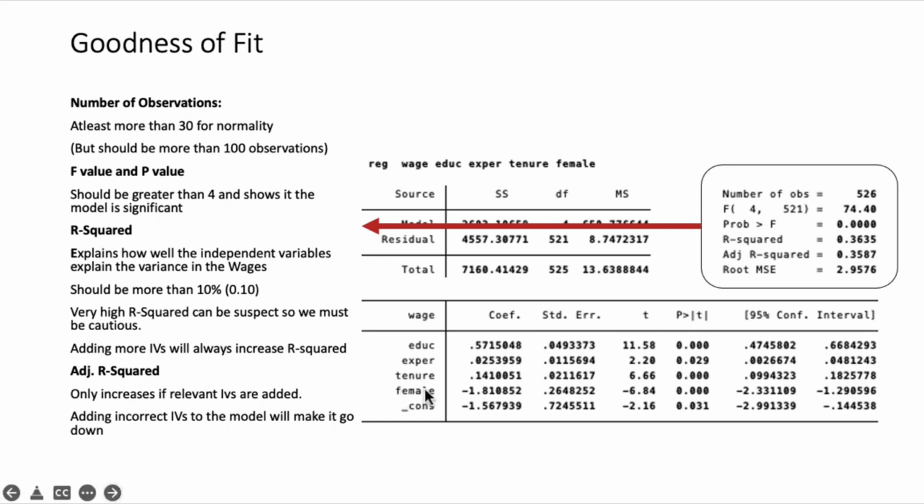Even if you keep on adding random variables as independent variables, your R square is going to go up. To resolve this problem, there is another R square called the adjusted R square. Now the thing with the adjusted R square is that if you put a bad variable into your model, the R square will go up, but the adjusted R square will actually penalize you and start going down. So ideally, with your regressions, your R square and adjusted R square should be close to each other.